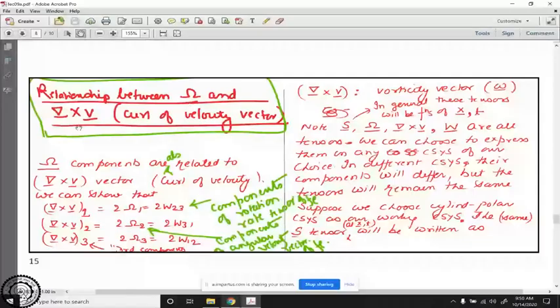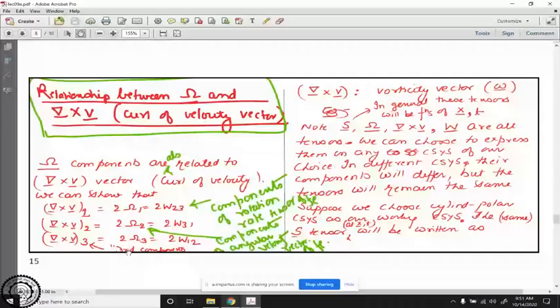And it turns out that they are related to each other in this fashion. If you find the one component of the curl of velocity, that turns out to be 2 times the first component of the averaged angular velocity. So there is a factor of 2 between components of angular velocity and components of curl of velocity.